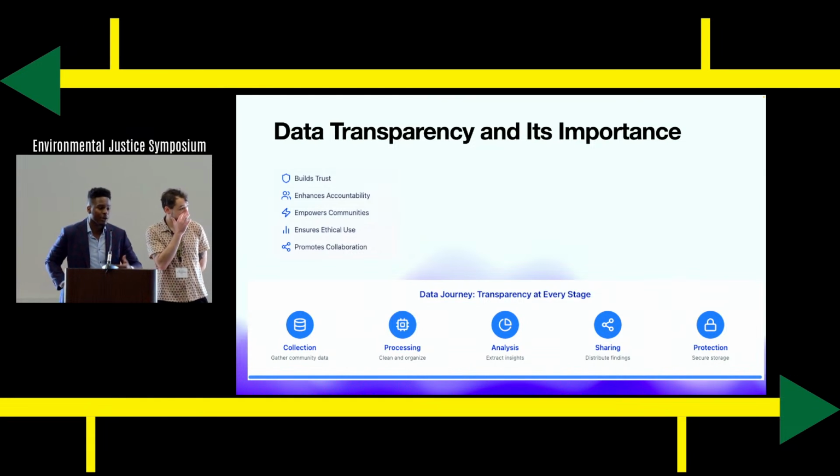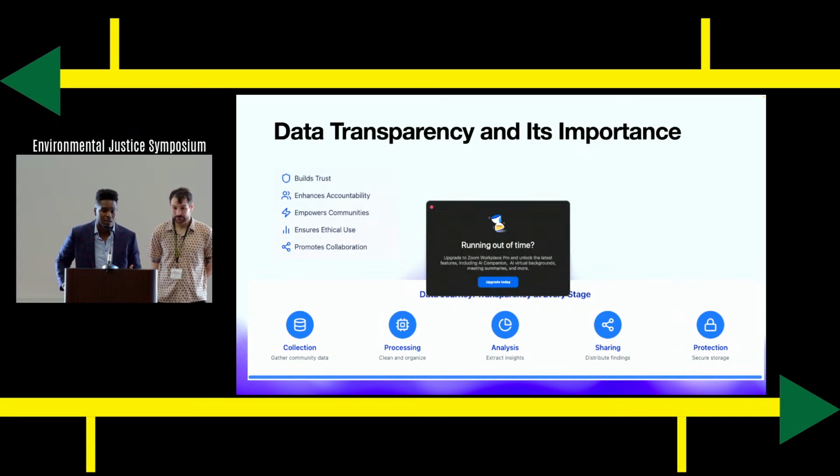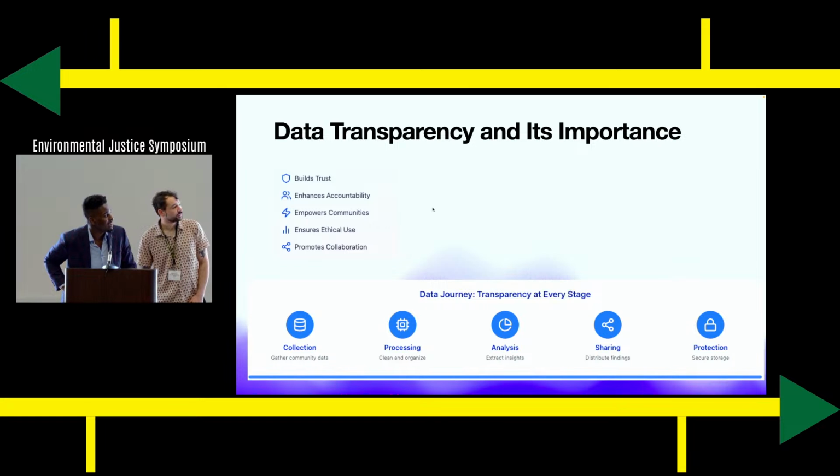And bringing it up to the research level and to the policymaker level, by us being able to focus on keeping data transparent, we're also able to make sure these stakeholders, policymakers, academics are also held accountable for what's going on in these communities, because we have standardized practices that they can follow in order to adhere to our data policy rules.